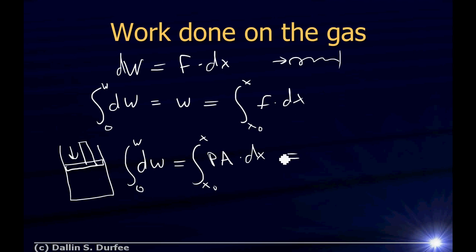Well, now notice something. dx, I move x a little bit. Here's dx. Multiply that by area, and I get this little piece of volume. So area times dx is that little piece of volume. But instead of defining dV to be that little piece of volume, I'm going to define dV to be how much the total volume of the gas changed.